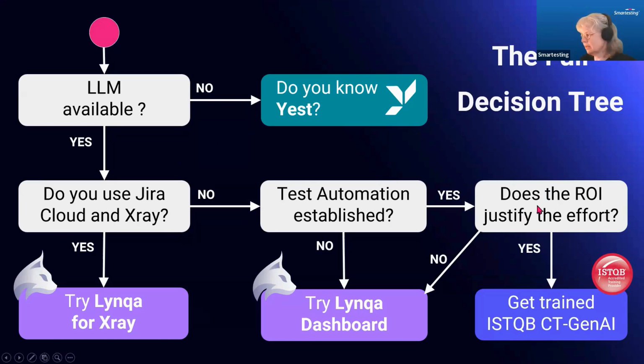If you think it justifies the effort, then don't pass by the advantages of using chatbots and generative AI. Get trained using AI. And well, I had fun just putting all our products on this slide. The ISTQB CT-GenAI training is one possibility of getting trained, but of course there are also trainings, especially for developers that are using, for example, GitHub Copilot.